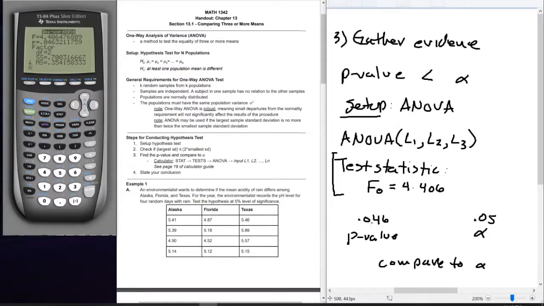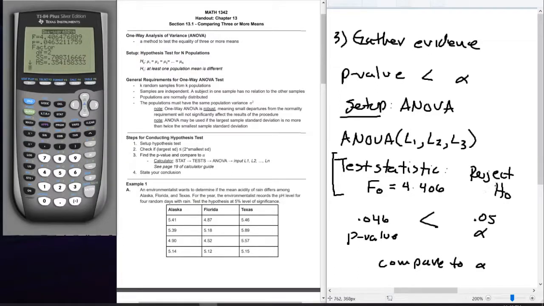After conducting an ANOVA test, our test is telling us that we have about a 0.046 chance of making a mistake. Keep in mind that we're underneath the threshold, and if you're underneath the threshold, we reject the null hypothesis.